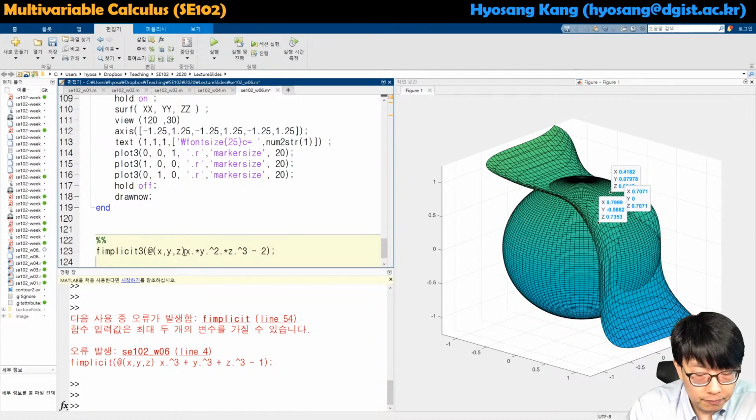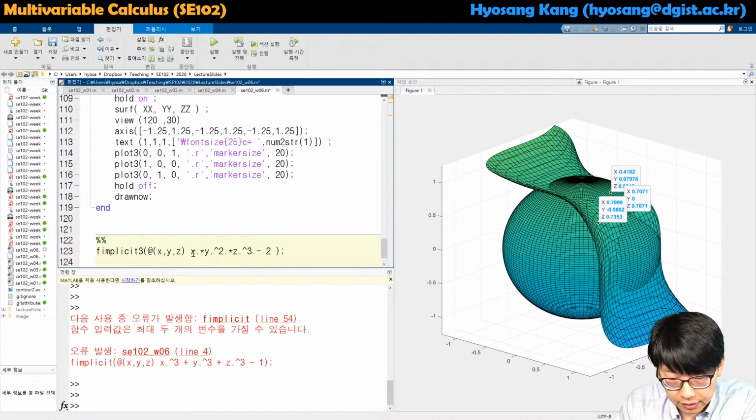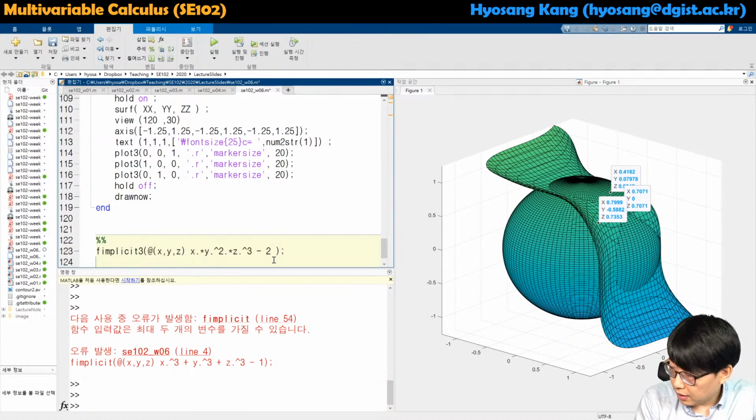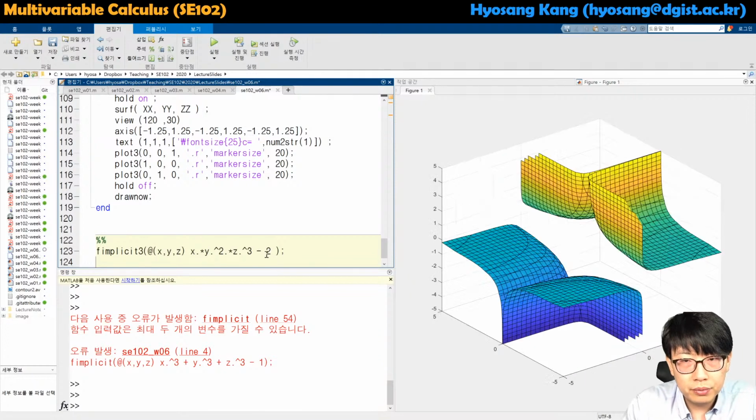It internally assumes that the function value equals 0. So when I want this to be 0, I have to move this 2 to the left hand side so that this should be all 0. And then I also want to, well, let's graph this one.